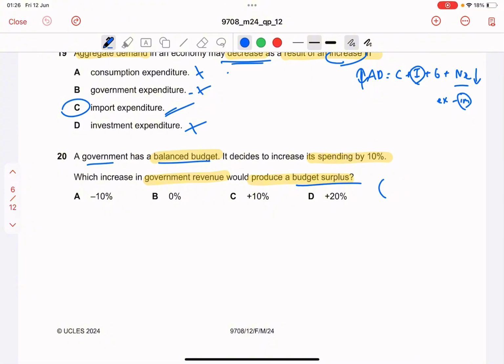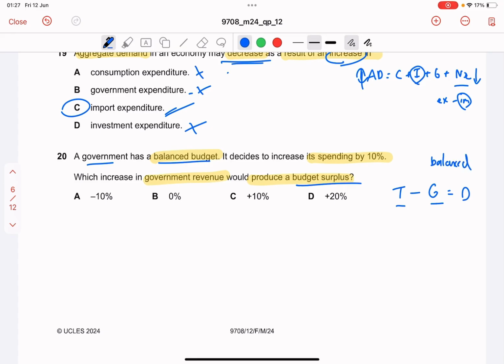Let's just write T, tax revenue, because that's how it earns money, right? So tax revenue minus its government spending. If these two values are equal, then it will equal 0, and that will make a balanced budget.